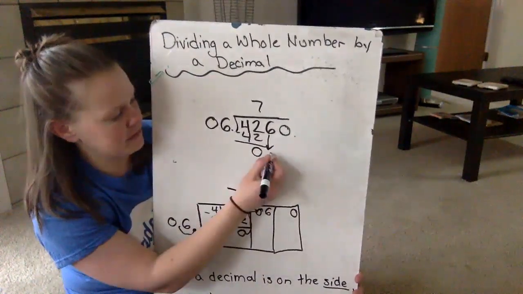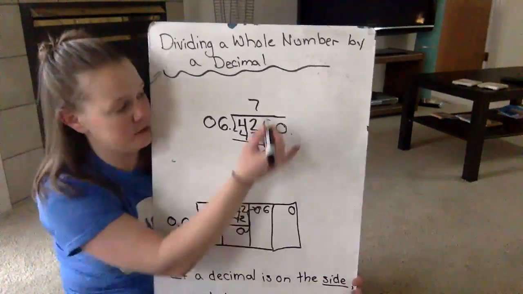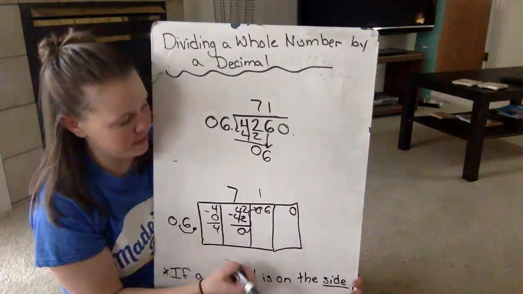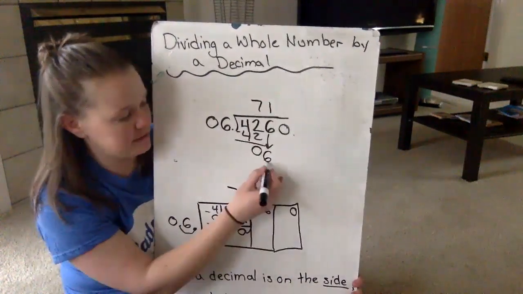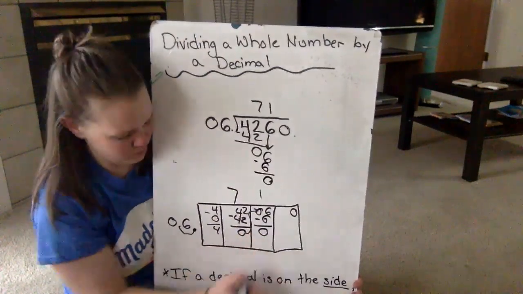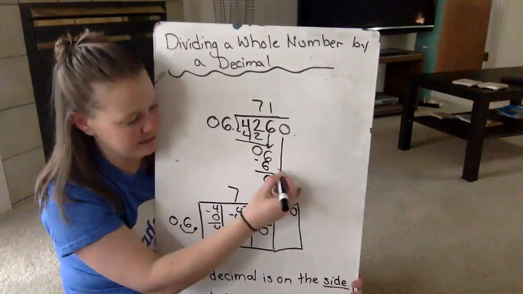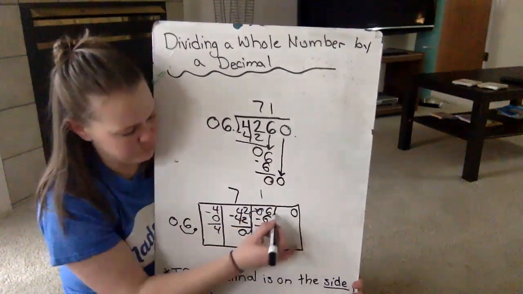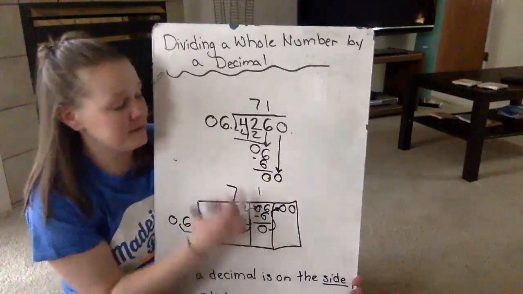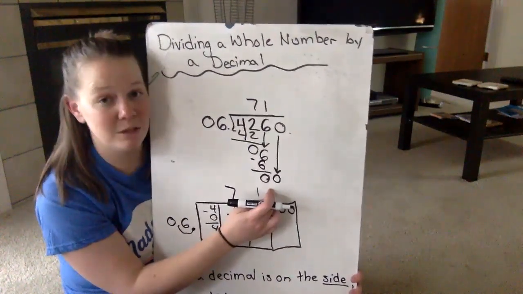How many times can 6 go into 6? Well, 6 can go into 6 exactly 1 time, so we're going to put that 1 there. 6 times 1 is 6, and once you do that, you subtract, and you're left with 0. 0 is less than 6, so that means we can bring down the 0, or in this case, bring over the 0. And how many times can 6 go into 0? Yes, 0 times. So what do you think you have to put there?